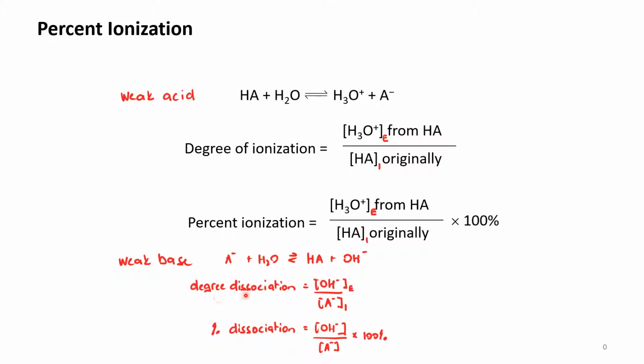We would define the degree of dissociation as the equilibrium concentration of hydroxide divided by the initial concentration of weak base that was originally present in solution. The percent dissociation of the weak base, therefore, is defined as the hydroxide concentration at equilibrium divided by the initial concentration of the weak base, A-, times 100%.